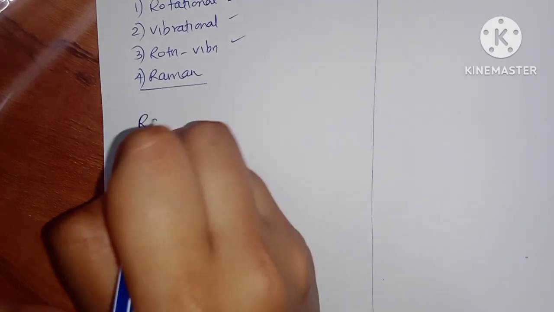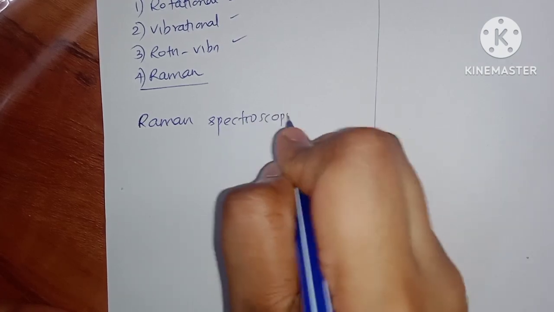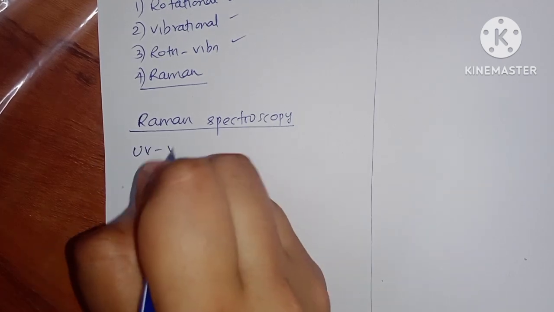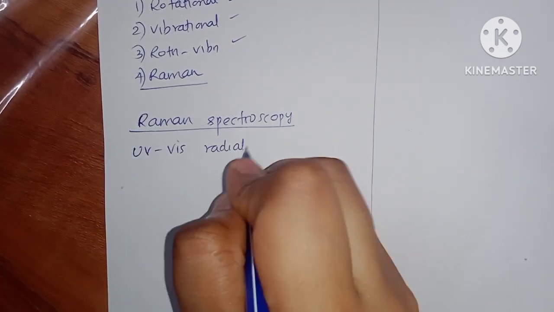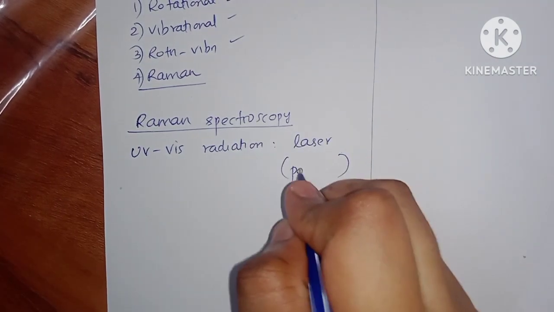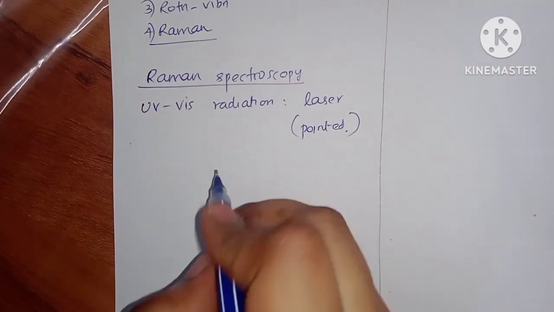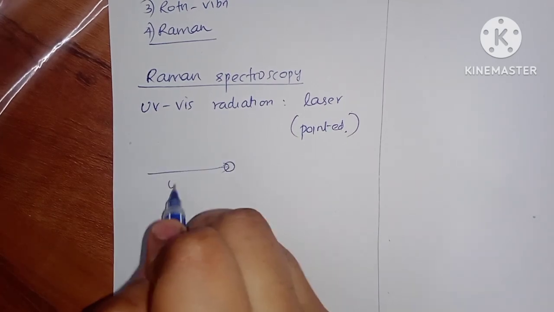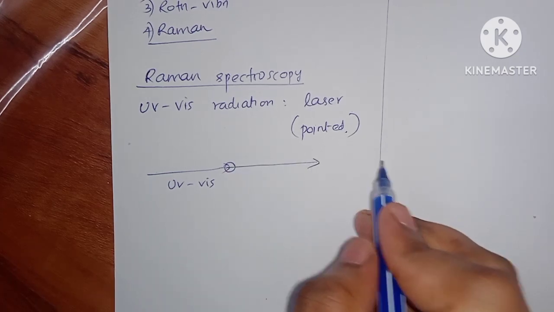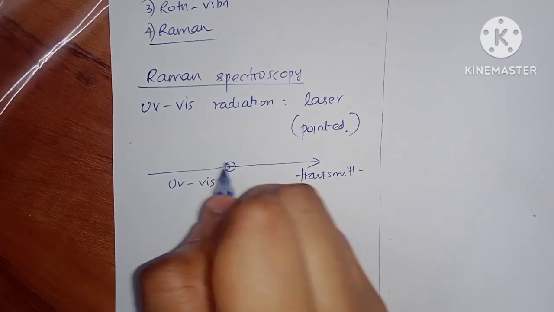So now let's go to Raman spectroscopy in detail. In Raman spectroscopy, the electromagnetic radiation we are using is UV visible radiation in the form of laser light. Laser light means it is highly directional. So UV visible radiation is used here. When UV visible radiation is incident on a molecule, the major part passes without any change, that means transmitted, and a little part can be scattered.